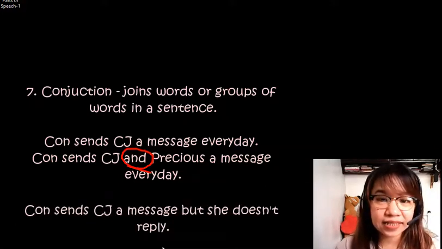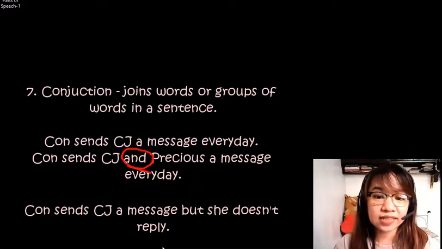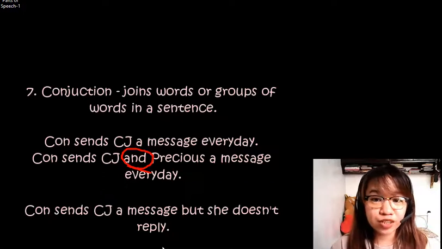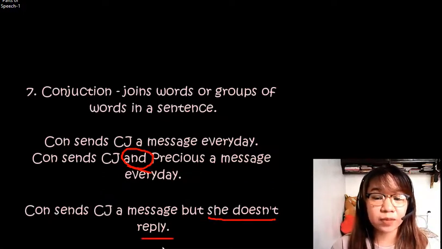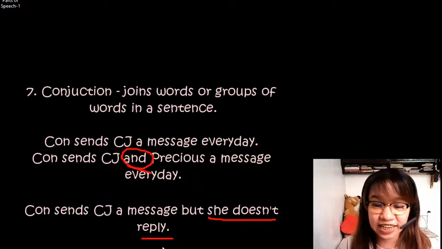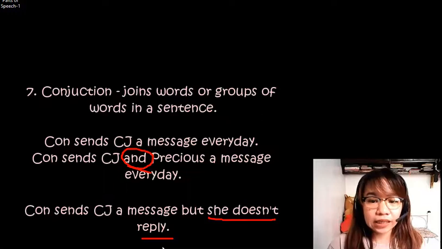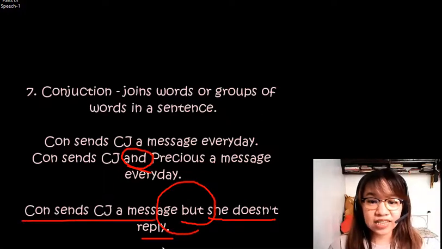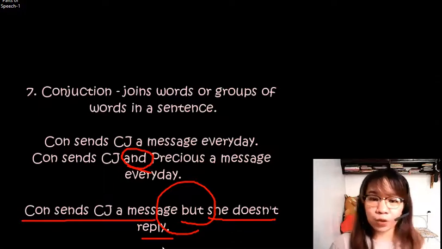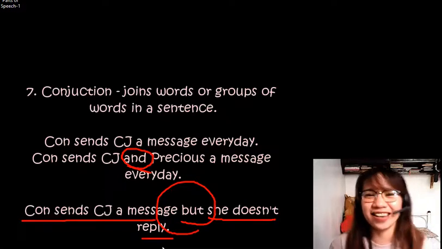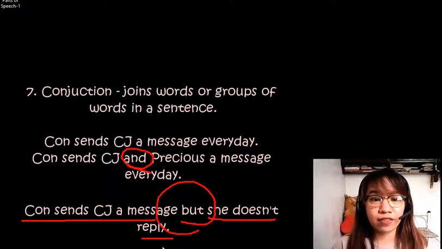Con sends CJ a message is already a complete idea, and she doesn't reply is also another complete idea. It can be a complete sentence, right? But we use a conjunction to connect these two ideas to construct one complex sentence. Anyway, we are going to talk about that more in another video.